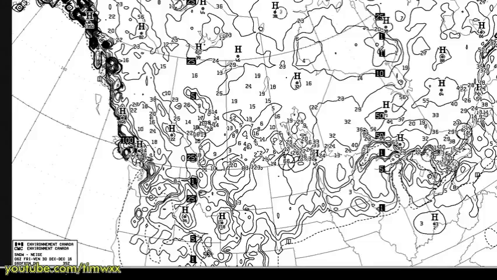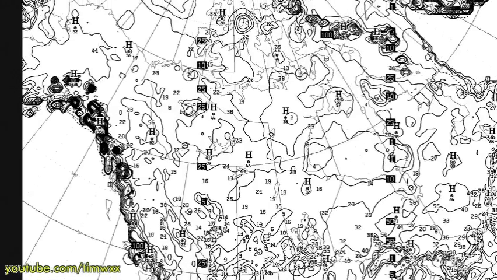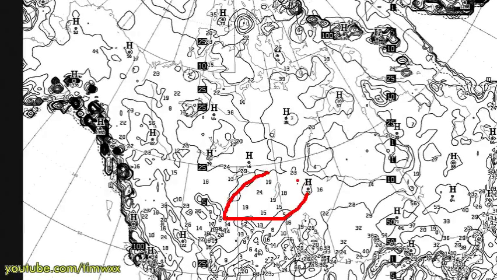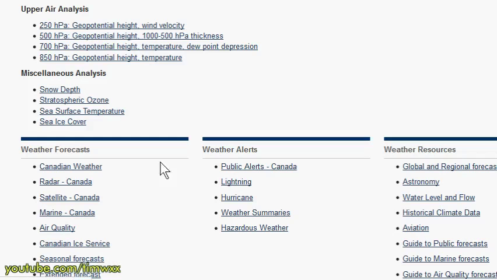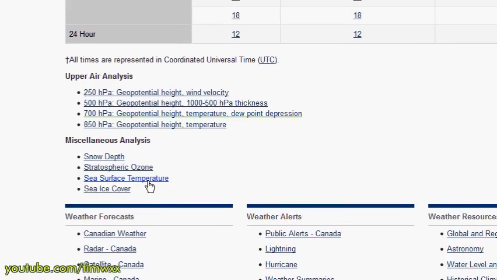So if you want to check out what the snow is in centimeters, we got 21 centimeters here, so that's going to be about 10 inches of snow on the ground in northern Saskatchewan. And the southern limit of snow basically runs from New York City to Chicago and back out towards northern Nebraska. So that's one useful chart you don't really find too well on the internet. They've also got a few others like ozone, sea surface temperature, and ice cover.